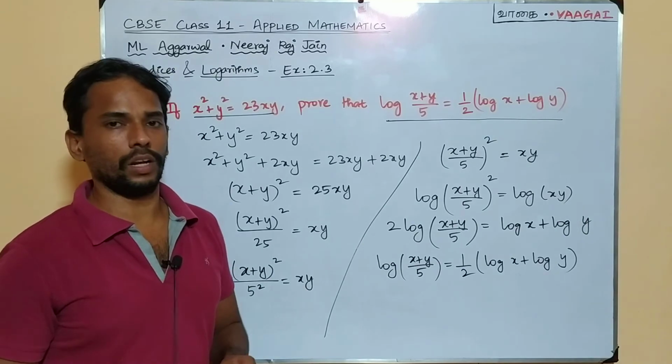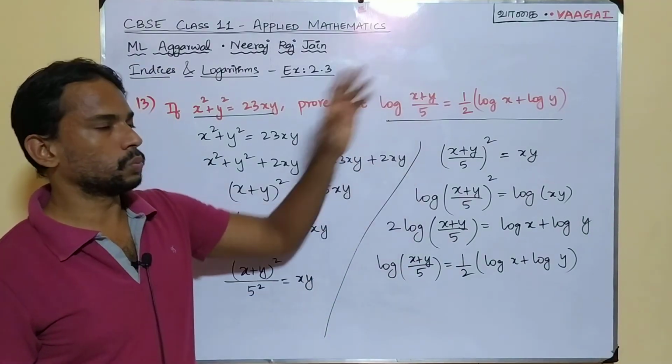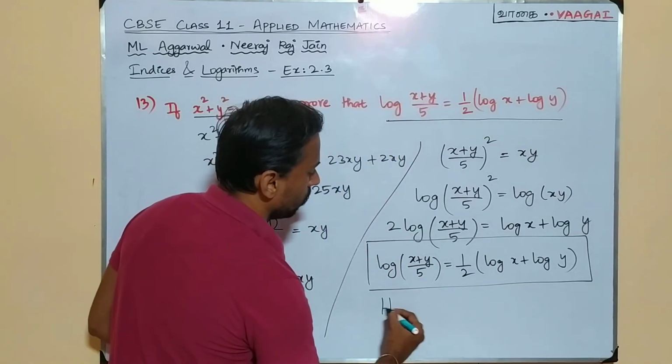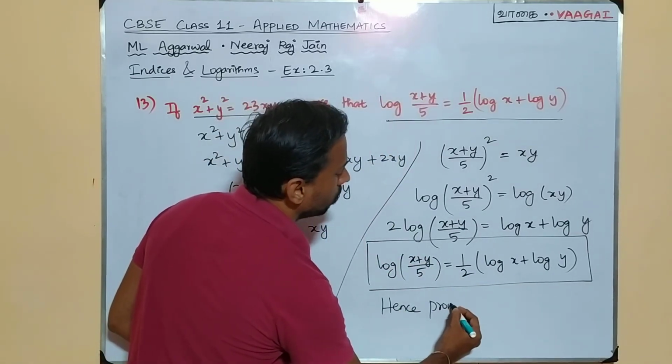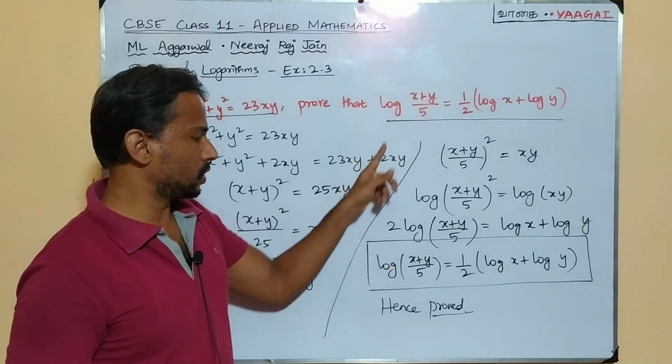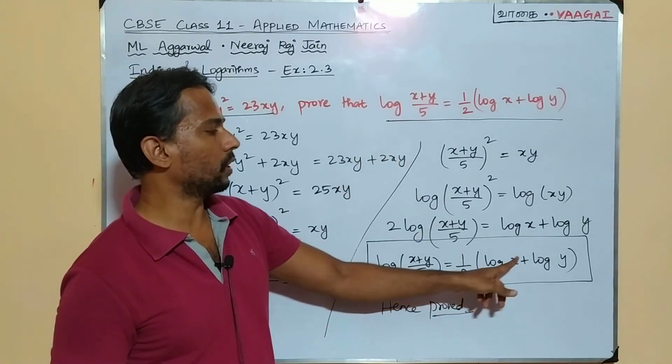Simple, right? This statement is what is given in the question. So we have successfully proved it: log of (x plus y by 5) is equal to half into (log x plus log y).